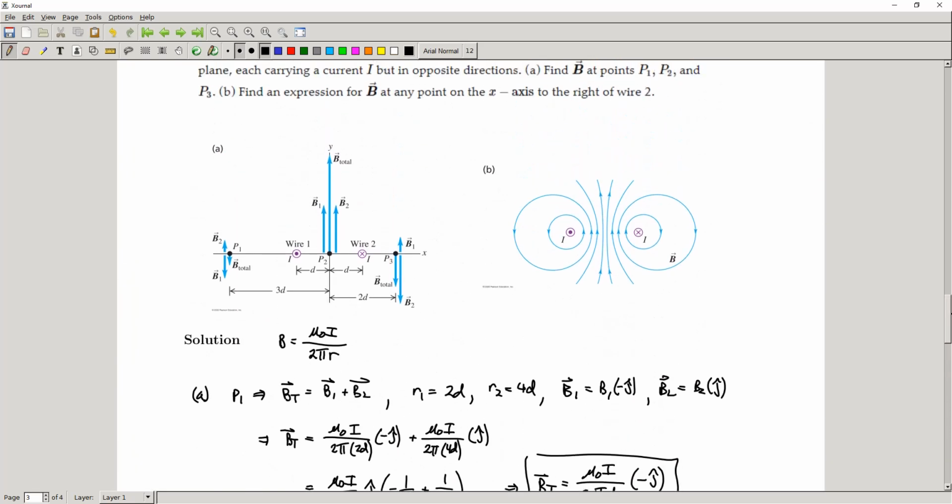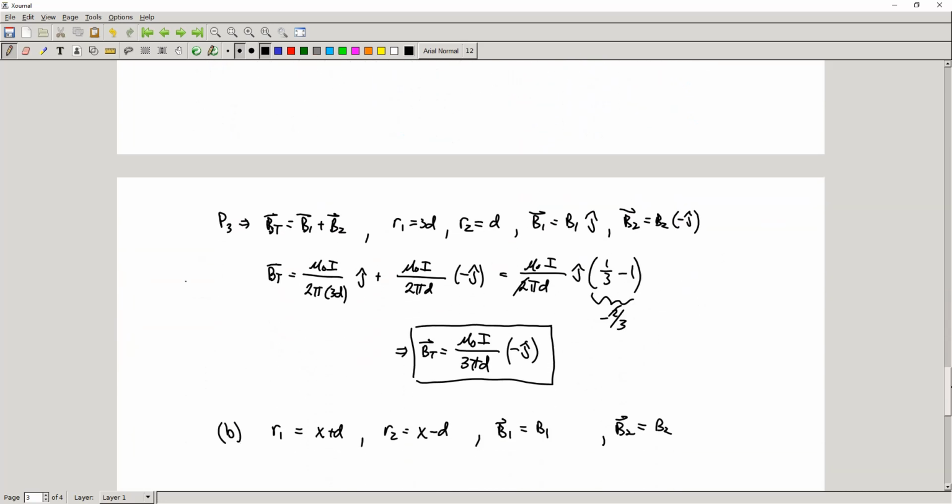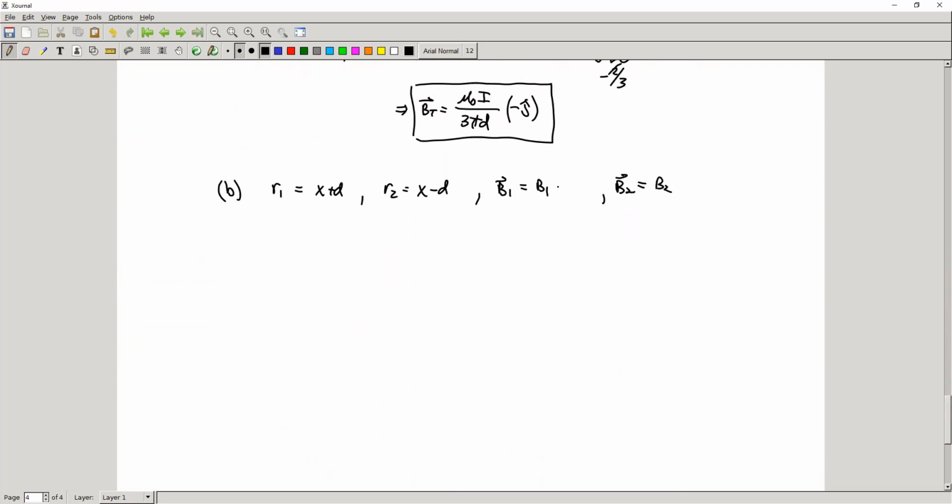Well, the right-hand rule is going to guide us here. For wire 1, if we use the right-hand rule, our B1 is always going to point upward, so that's always going to be in the j hat direction, and our B2 is always going to point downward, right? Both from the right-hand rule. So we can write this as B1 j hat and B2 minus j hat.